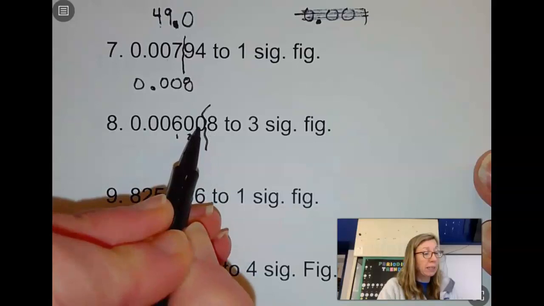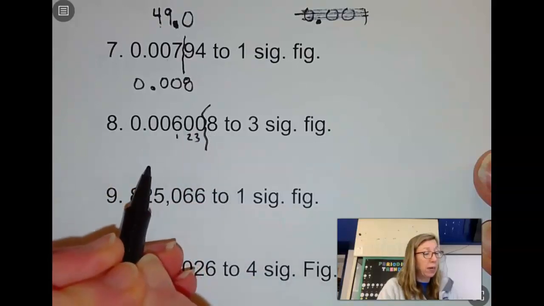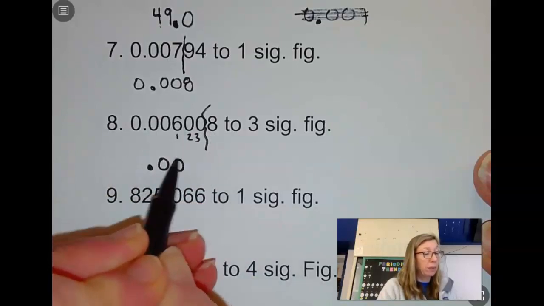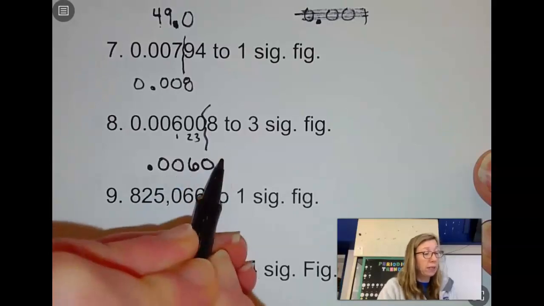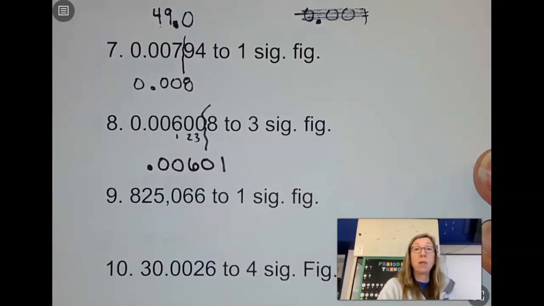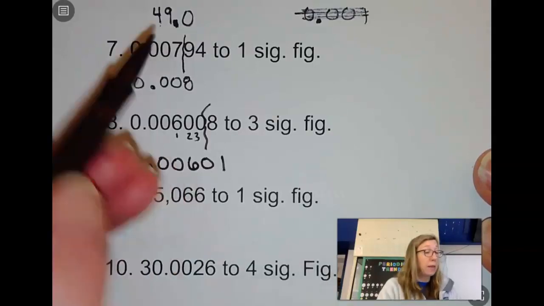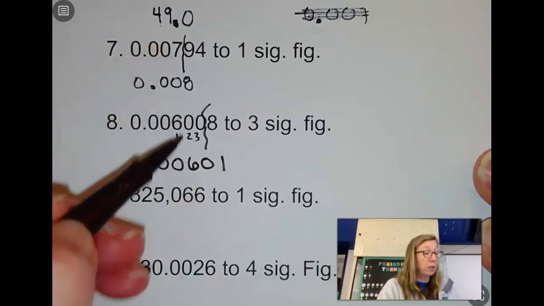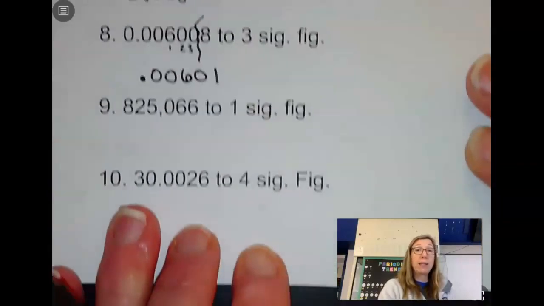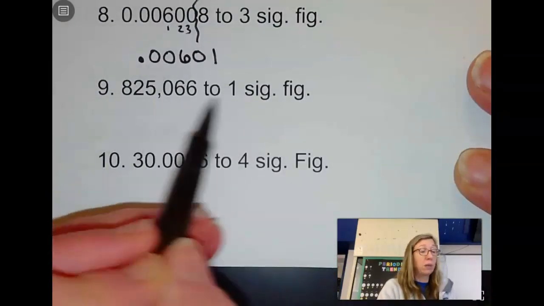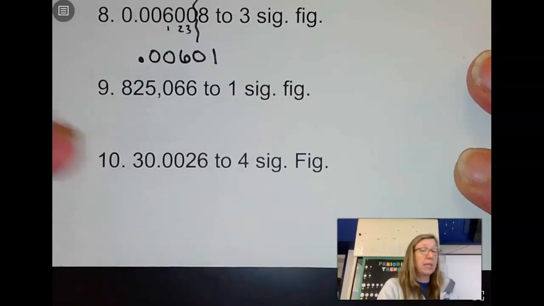So that 8 makes that 0 go up to 1. Our answer is 0, 0, placeholder, placeholder. 1 sig fig, 2 sig figs, 3 sig figs. Very close. These two numbers are very close, so you have to have about the same value. This is one of the ones that kills people. They just have a hard time wrapping their brains around it.